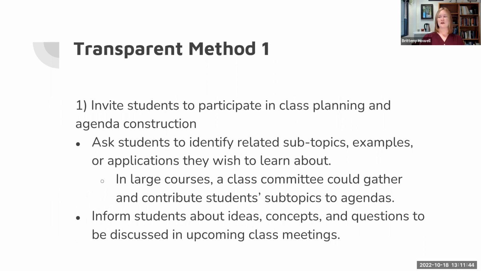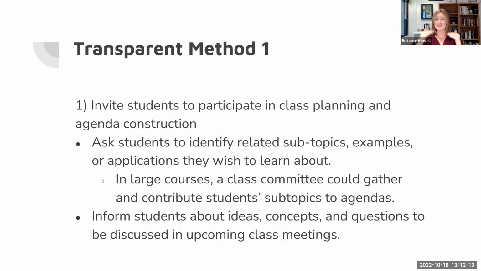So the first transparent method is to invite students to participate in class planning or agenda construction. And there's a couple of easy ways to try to do this. You can give students an advanced agenda of 2 or 3 main topics a few days before a class session and ask them to identify related subtopics, or examples, or applications that they wish to learn about.